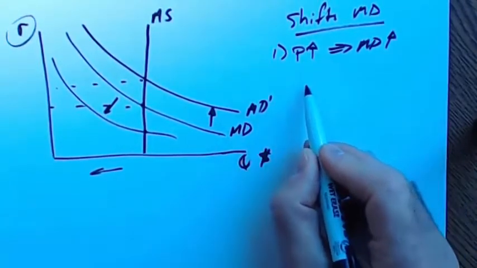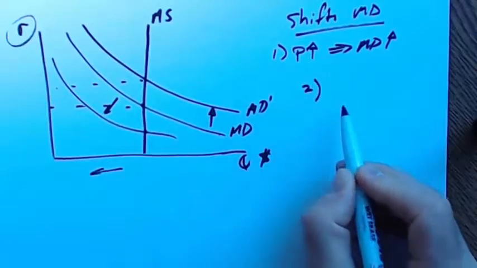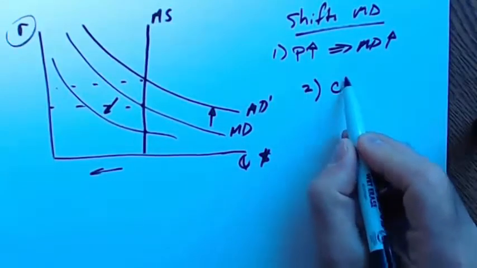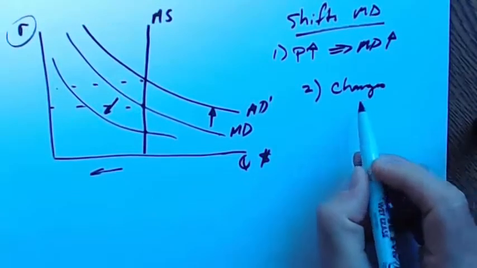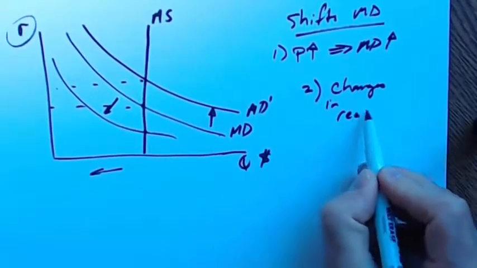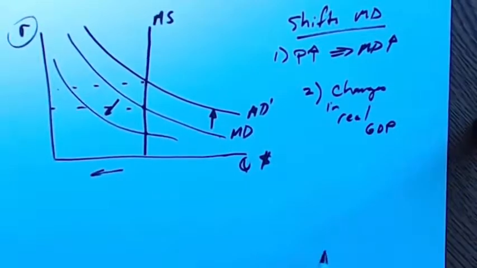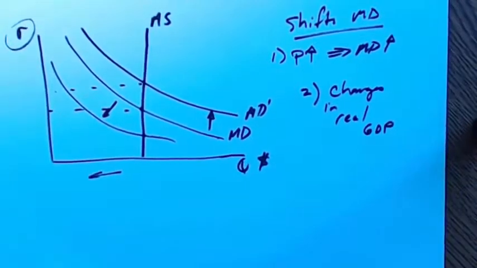The next shifter would be changes in real GDP. Okay. So a change in real GDP, let me give you a fresh graph here.